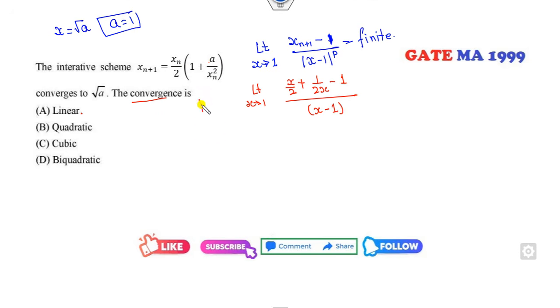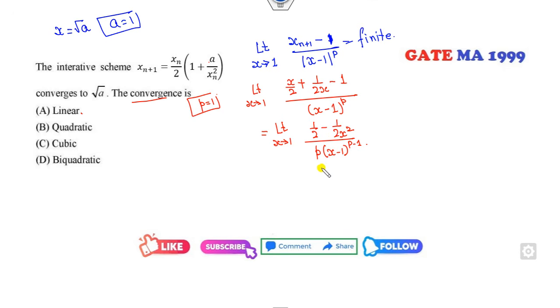Firstly I can choose it as linear, that means if I choose p as 1, or in general I can take it as p. If you take x equal to 1, it's a 0 by 0 form, so then I can apply the L'Hopital rule. So it will be x raised to power 1 half minus 1 over 2x square divided by p times x minus 1 to the power p minus 1. Clear? So clearly, if you take x equal to 1, it's again a 0 by 0 form.